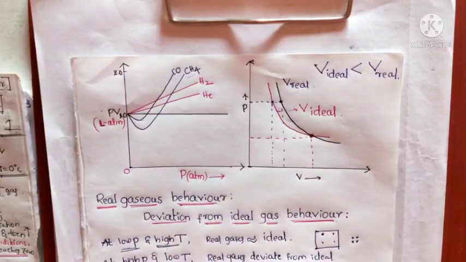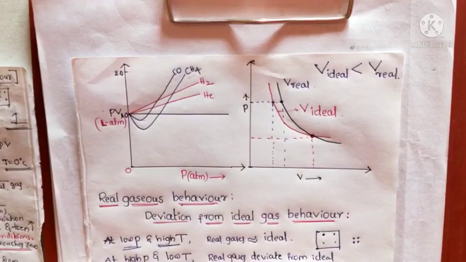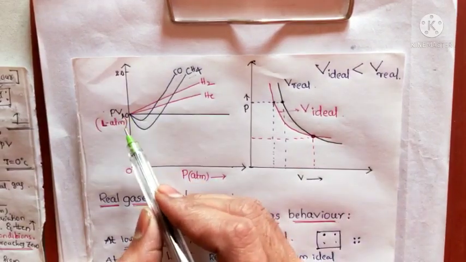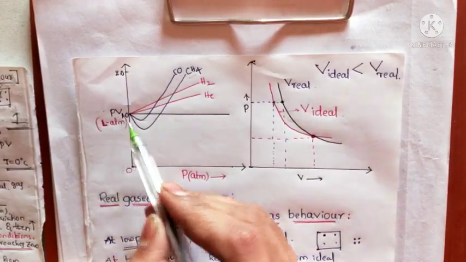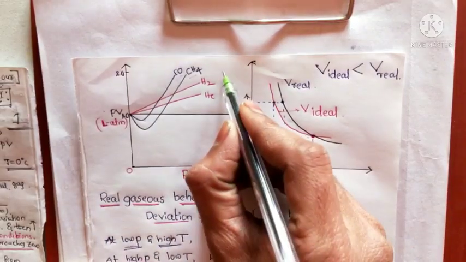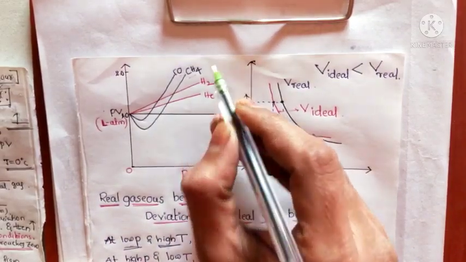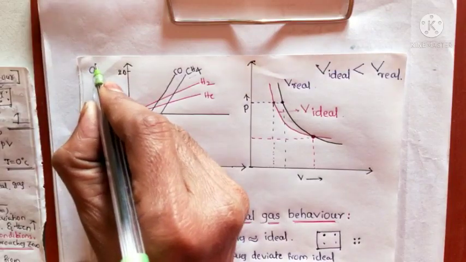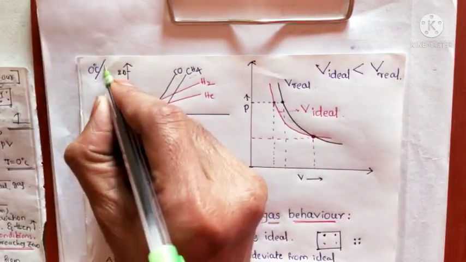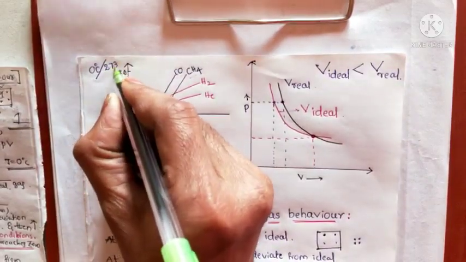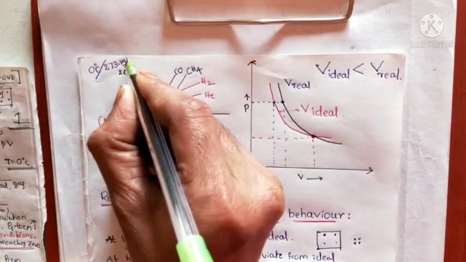Scientists studied the effect of change of pressure on PV of several gases at a constant temperature, that is 0 degree centigrade, or 273.15 Kelvin.